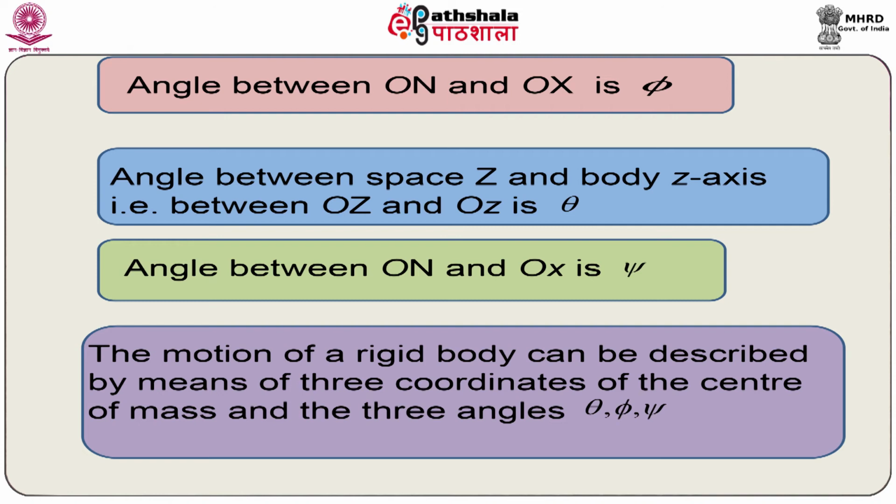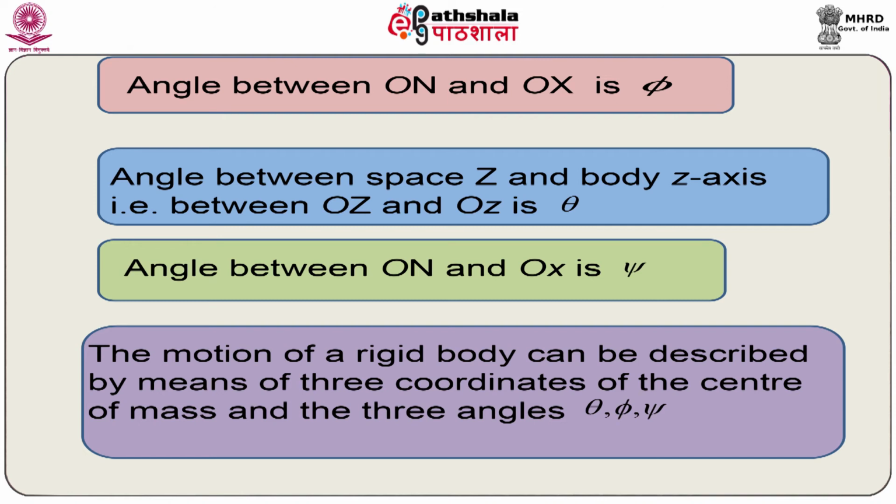Let OX, OY, OZ be the space fixed axes and small ox, small oy, small oz be the body set of axes. The xy plane intersects the capital XY plane along the line of nodes. Then ON is perpendicular to both the small z axis and the space capital Z axis.